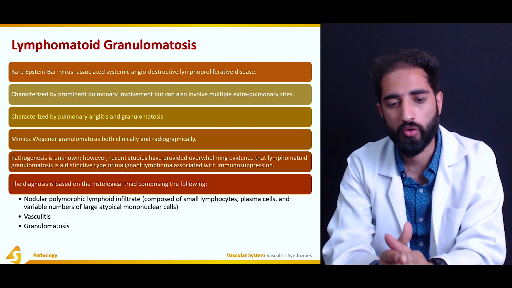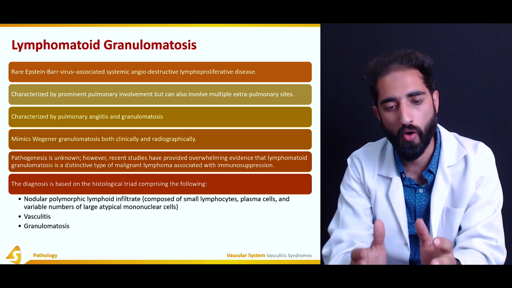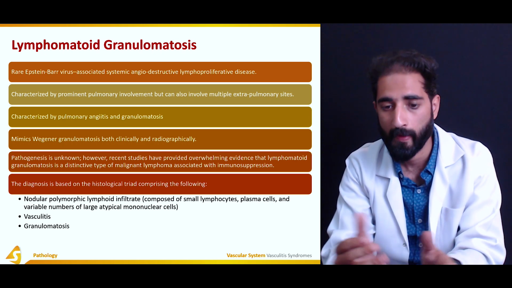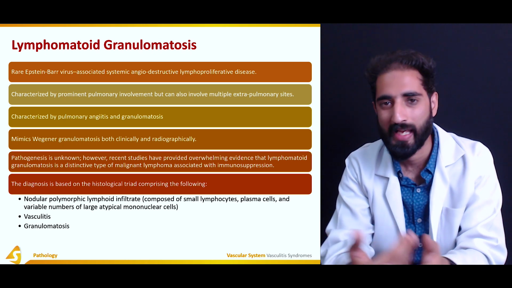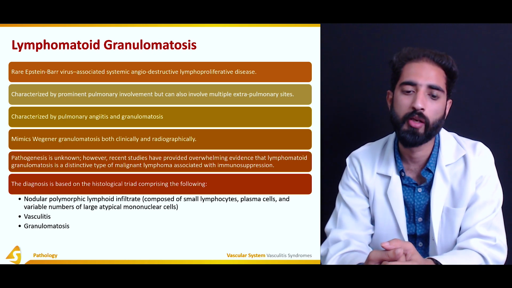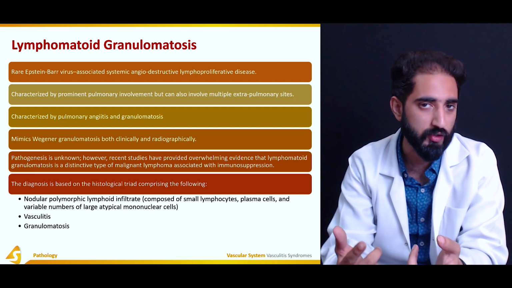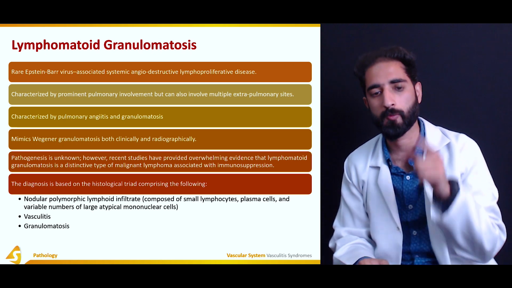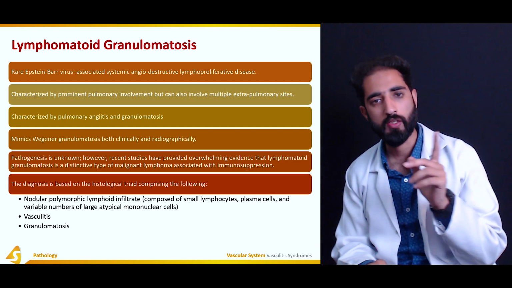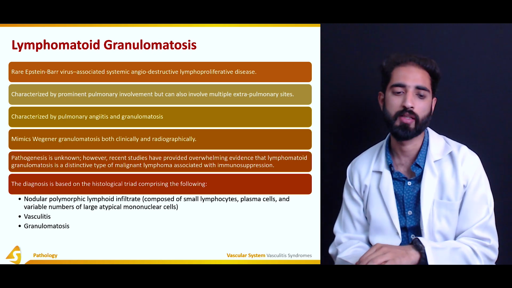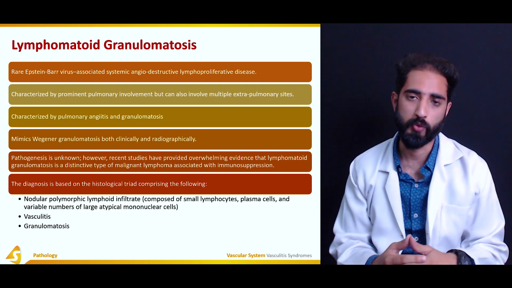One is the nodular polymorphic lymphoid infiltrate, composed of small lymphocytes, plasma cells, and a variable number of large atypical mononuclear cells. Second is the vasculitis, inflammation of the blood vessels, specifically pulmonary vasculitis or pulmonary angiitis. And the third is granulomatosis.